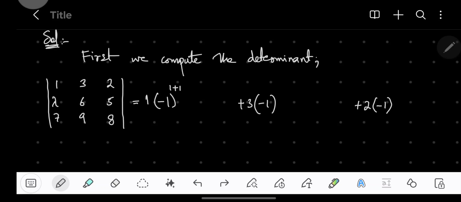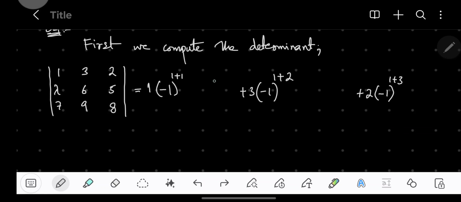The power of this -1 is 1 plus 1 because this 1 is in the first row and the first column. But this 3 is in the first row and the second column, so I will write 1 plus 2. And this 2 is in the first row and the third column, so I will write its power to be 1 plus 3.